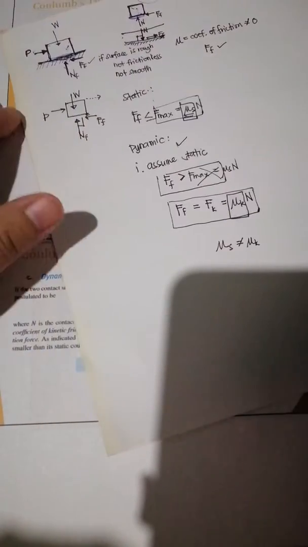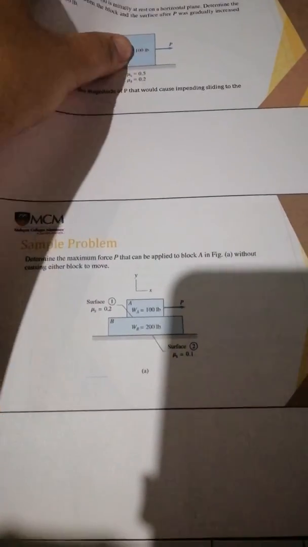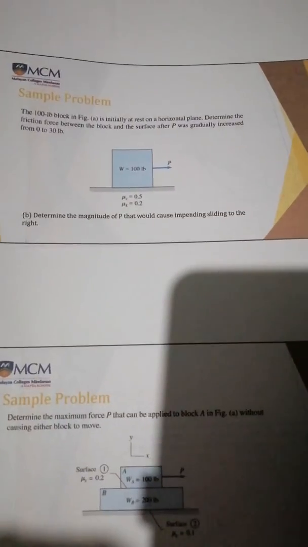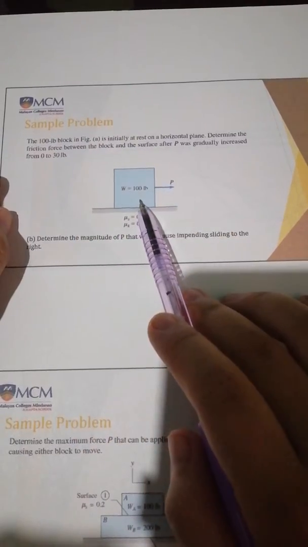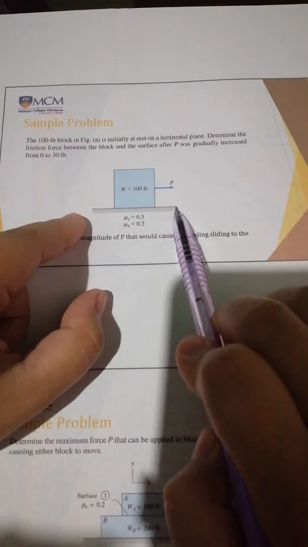Okay, so let us now proceed to an example so that we could further understand the concept involving dry friction. Here we have a 100-pound block, initially at rest on a horizontal plane. So this is the horizontal plane.